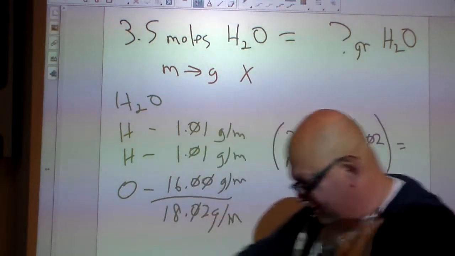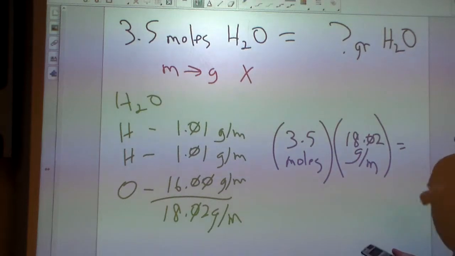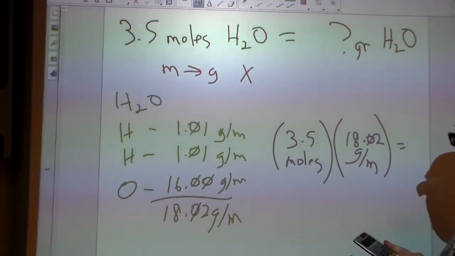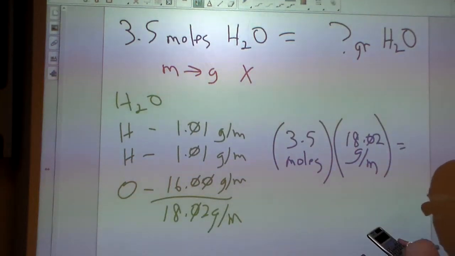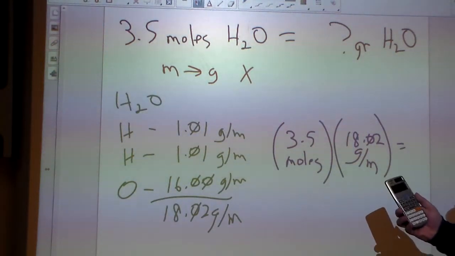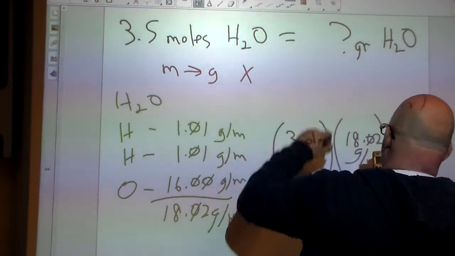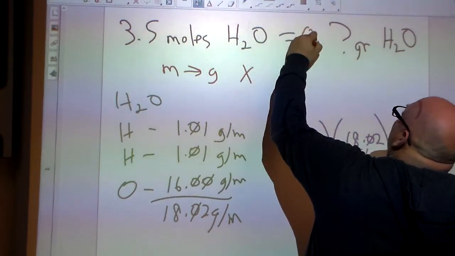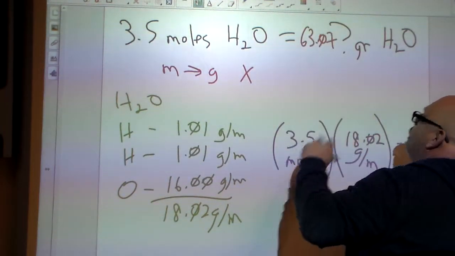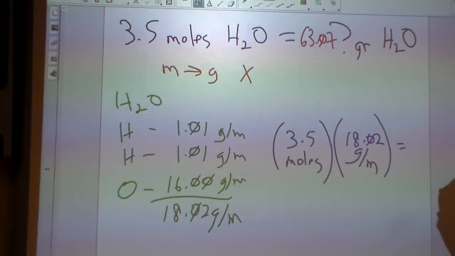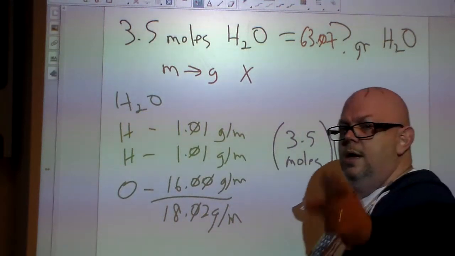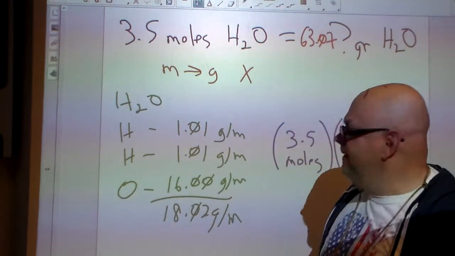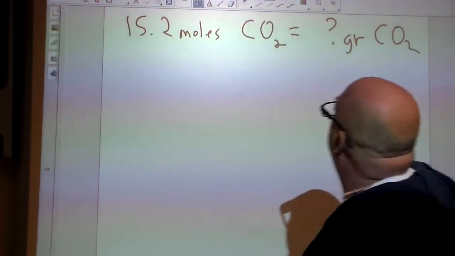Let's take a quick look and see how it comes out. 3.5 times 18.02, and we have, ladies and gentlemen, 63.07 grams of water. Yeah, that's a lot of work there for a day. I think I'll take a break. No, not really. All right, let's take a look at another one.